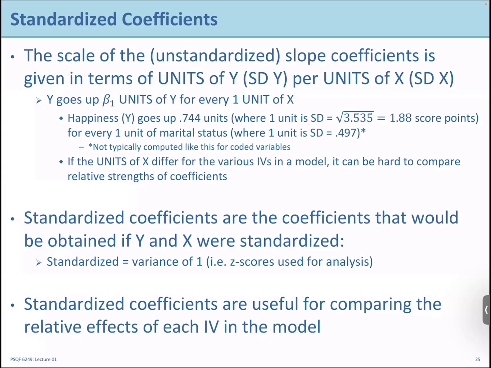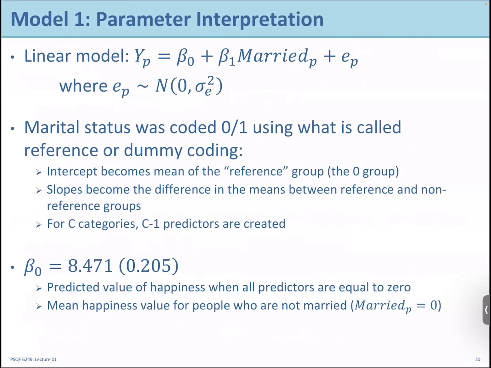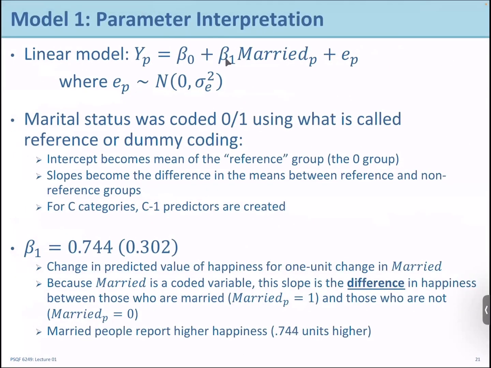So what we want to do, just like a correlation coefficient describes how two variables are related linearly without units involved, it's a standardized covariance, if you will. We can standardize our regression coefficients. In our current explanation, beta 1 represents the change in y for a 1 unit change of married.